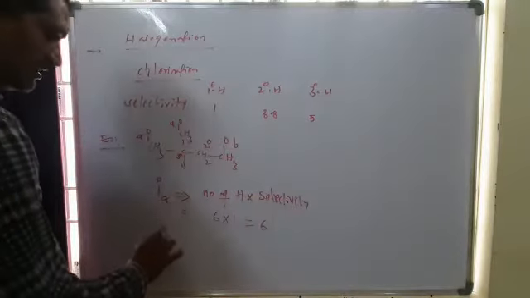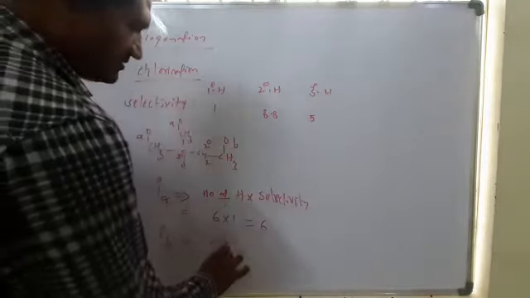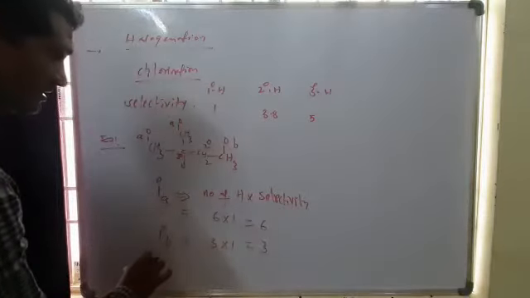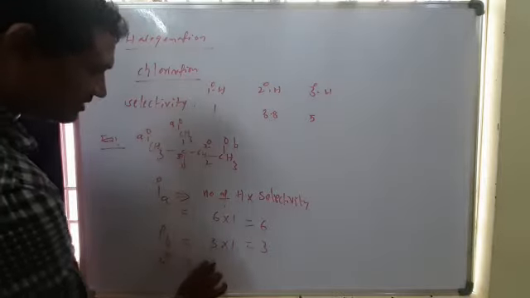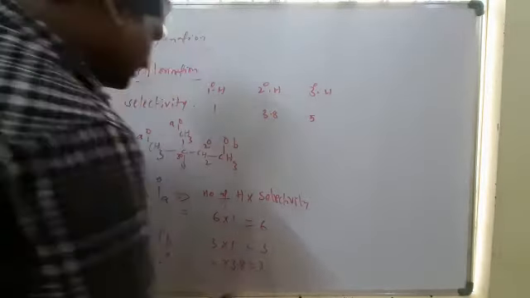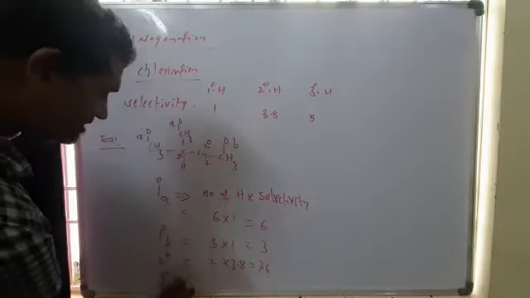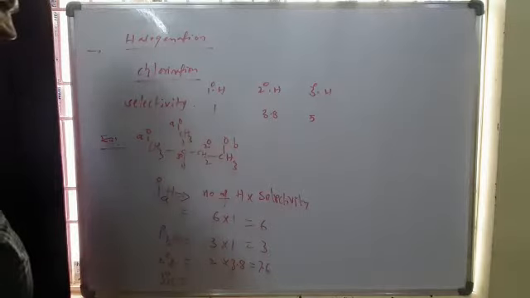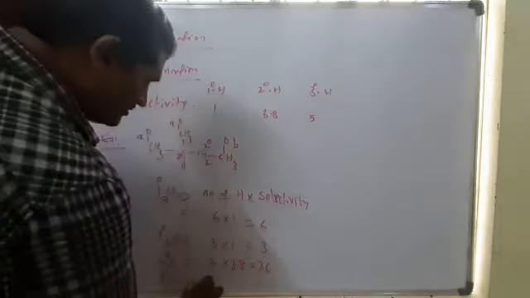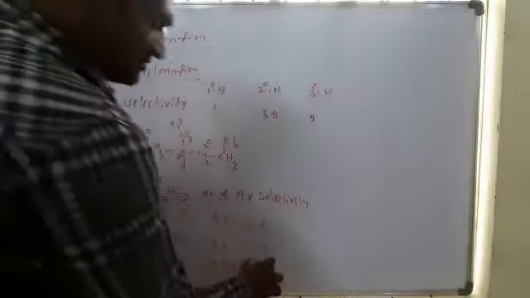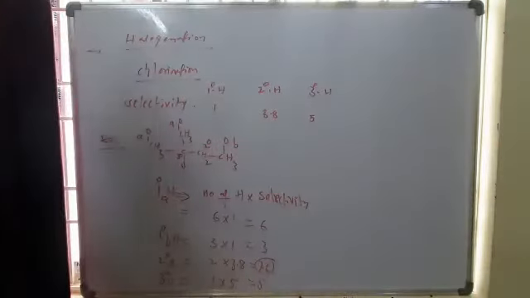Primary B is 3 hydrogens into selectivity value 1, equal to 3 times. For secondary there are 2 hydrogens, value 3.8, equal to 7.6. Tertiary hydrogen is only 1, selectivity value 5, equal to 5. Which has the highest value? Secondary.